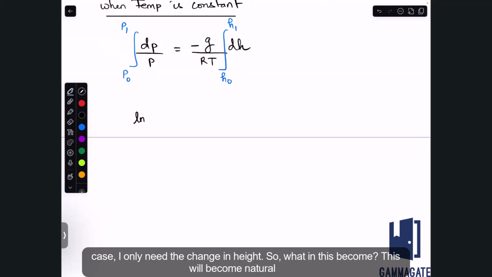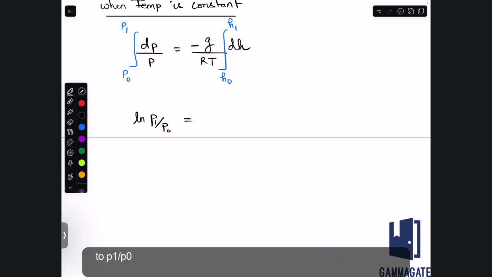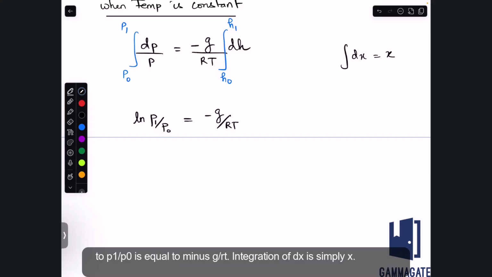This will become natural log of P1 by P naught is equal to minus g by RT. Integration of dx is simply x. So here integration of dh will be h1 minus h naught.